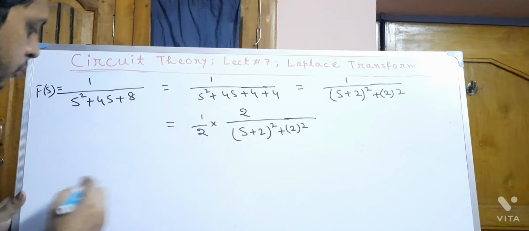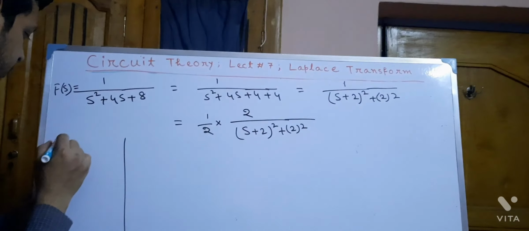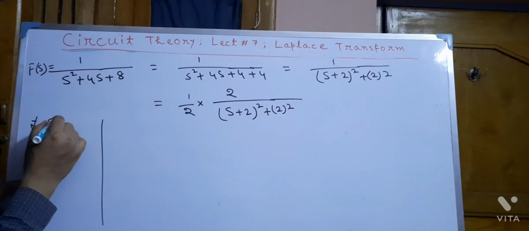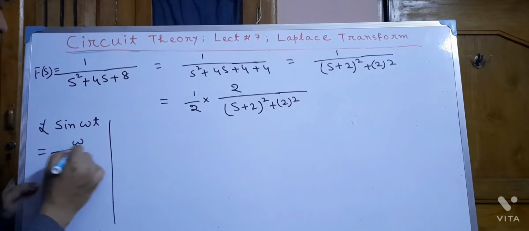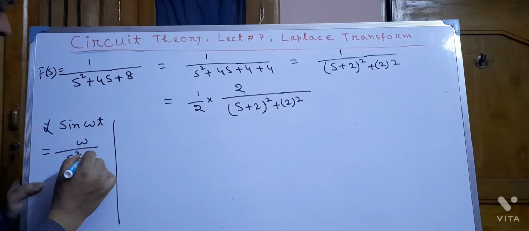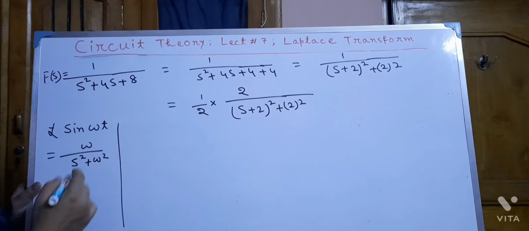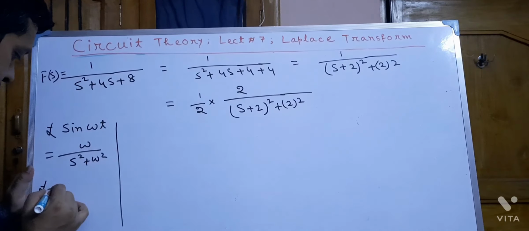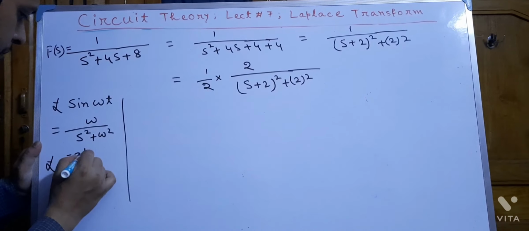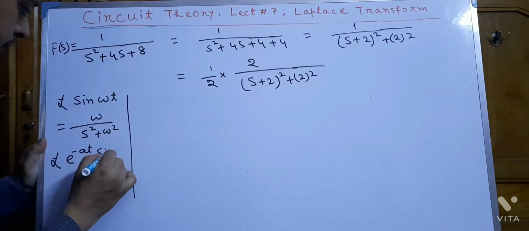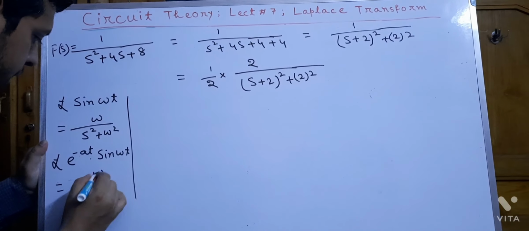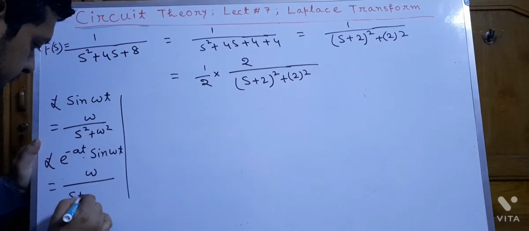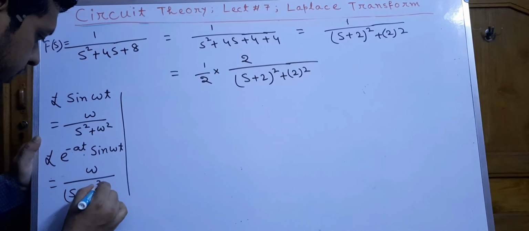Now we know that the Laplace transform of sin omega t equal to what? Omega by s square plus omega square, and the Laplace transform of e to the power minus at sin omega t equal to omega by (s plus a) square plus omega square.